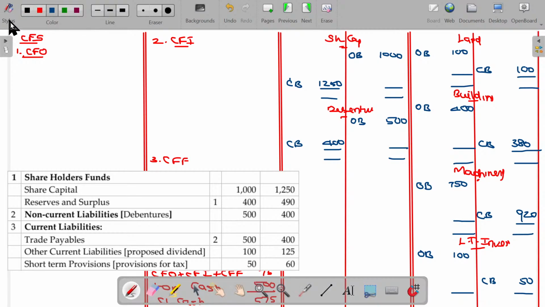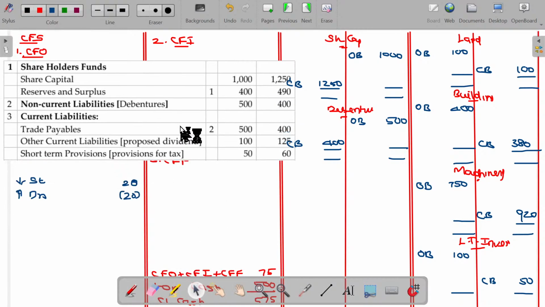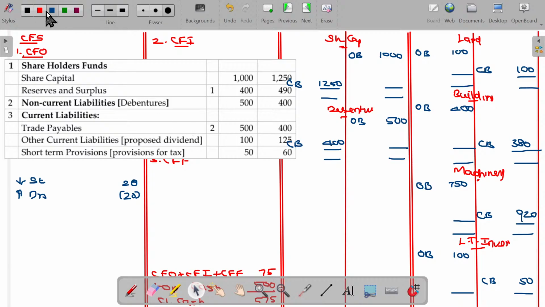Under current liabilities, trade payables, we have to pick it from schedule number 2. Other current liabilities: proposed dividend and provision for taxation. In case of proposed dividend and provision for taxation, you can better open the concerned ledger account: opening balance 100, closing balance 125.